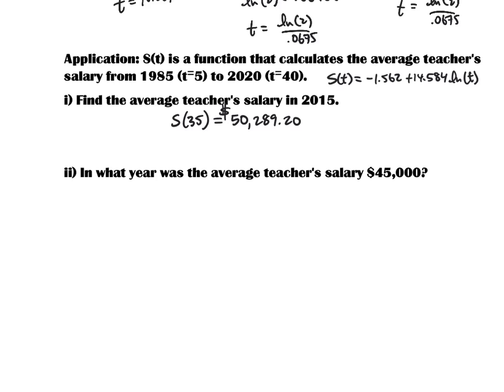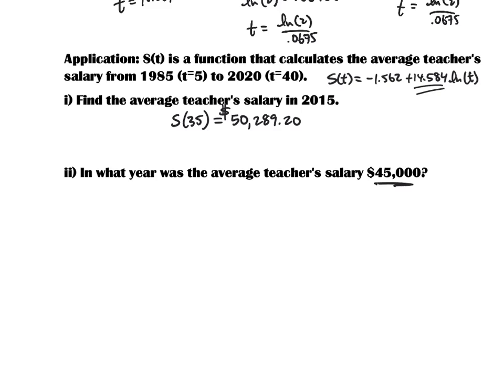Now it also asks us, in what year was the average teacher's salary $45,000? Based on this model and the fact that the coefficient of ln of t is positive, I can make the assumption that the average salary is increasing. Therefore, I'm expecting the year to be some number less than 2015.